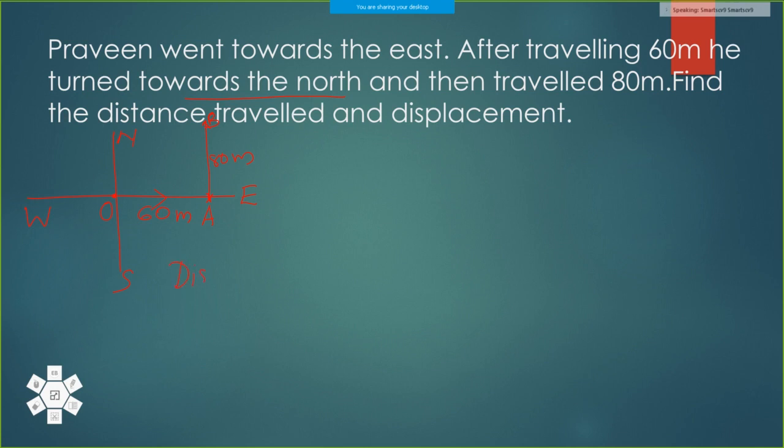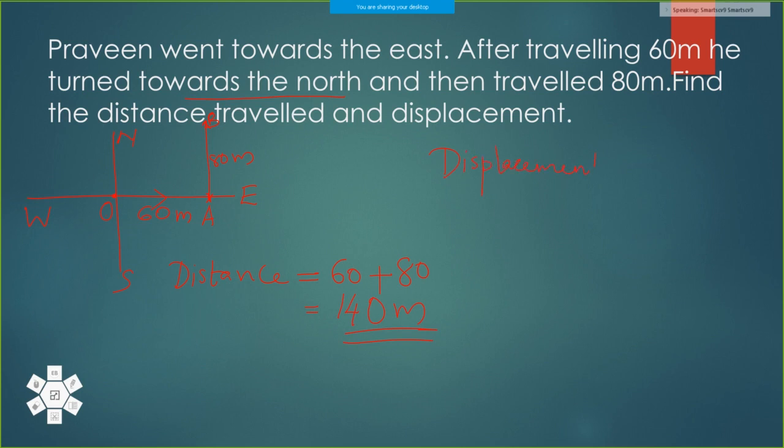So I am writing distance. Distance is the total path length. So O to A, 60, plus A to B, 80, that is equal to 140 meter he has travelled, right?